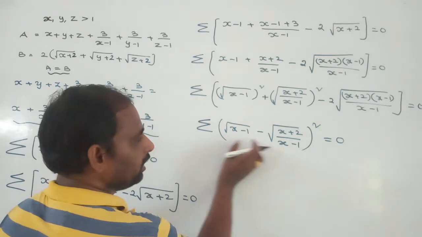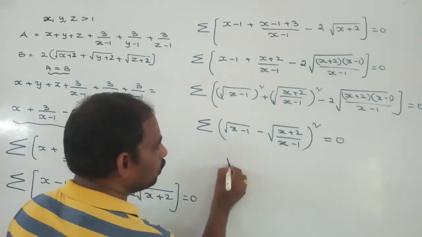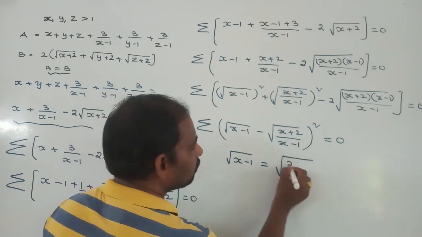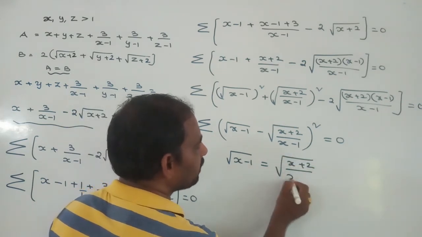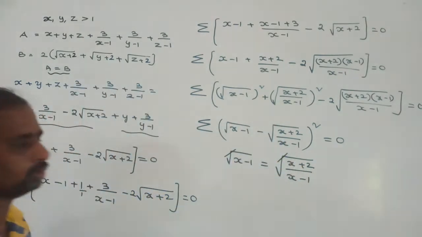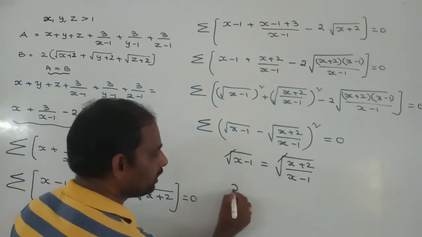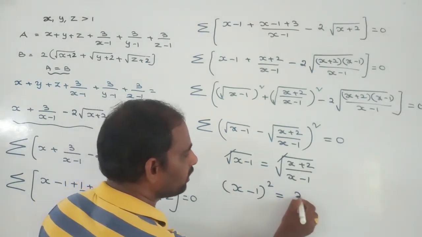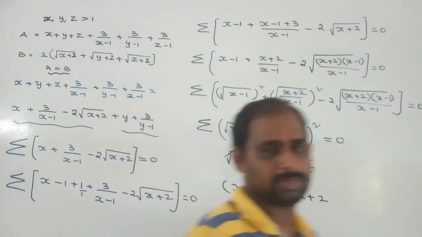That means a minus b whole square becomes zero, therefore root x minus 1 is equal to root of x plus 2 by x minus 1, and the square root gets cancelled. So you will get x minus 1 into x minus 1 whole square is equal to x plus 2.